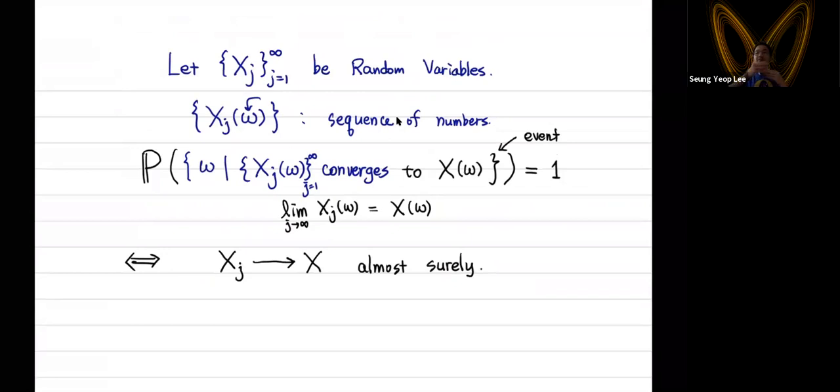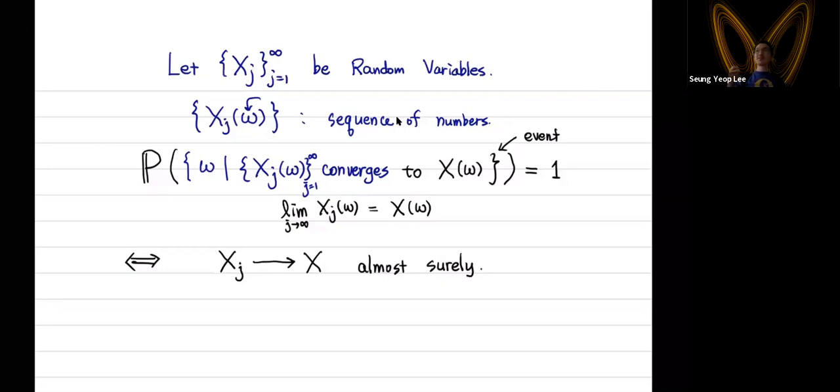It's not just the convergence of a single point, single function, single number. It's the convergence of the whole function converges to something else. We saw this convergence last time when we throw the coins more and more and take the average of this coin throw. So number of heads.